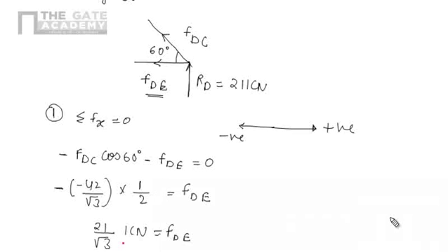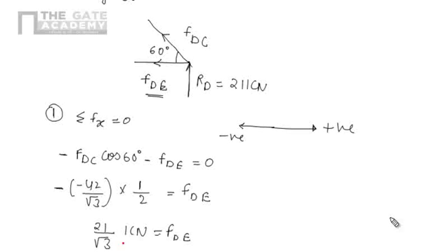So now we can easily provide the table which will mention the member, the magnitude, and the nature of force. It may be tensile or compressive. I would just like to mention that earlier we assumed that all the forces in the members are tensile. If the sign of the force is coming positive, it means our assumption is right.